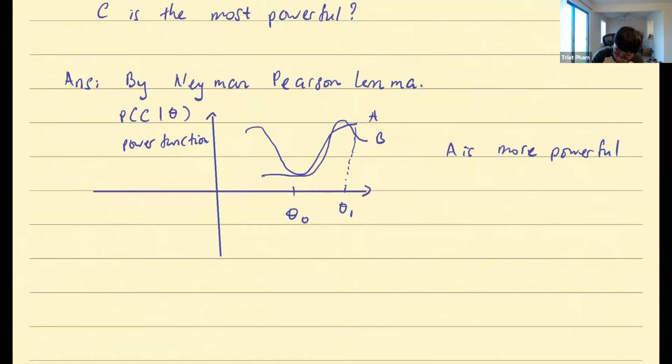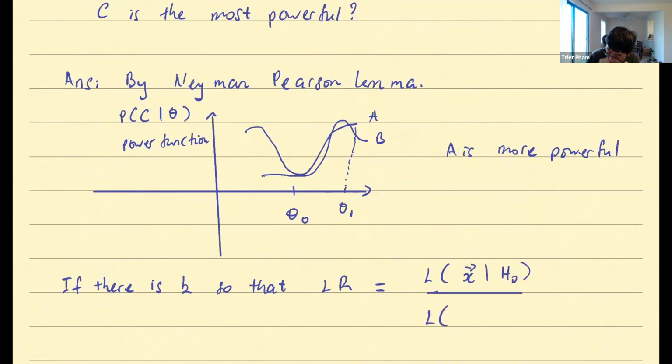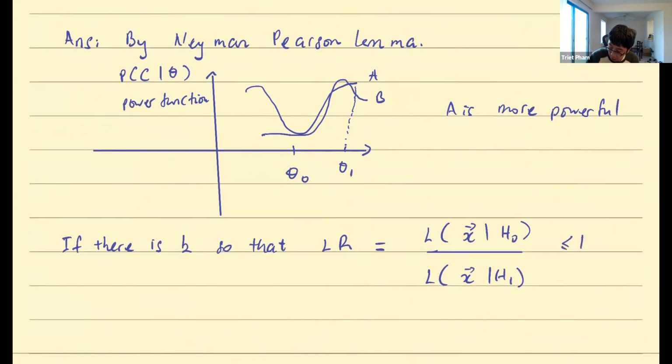It says that if there is a K, and this is small k, so that the likelihood ratio, LR, which by definition is just the likelihood under the null divided by the likelihood under the alternative, is less than that constant K in C, and the same likelihood ratio is bigger than or equal to K in C complement, then C is the most powerful.